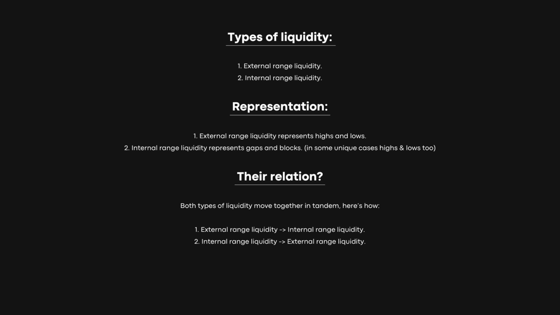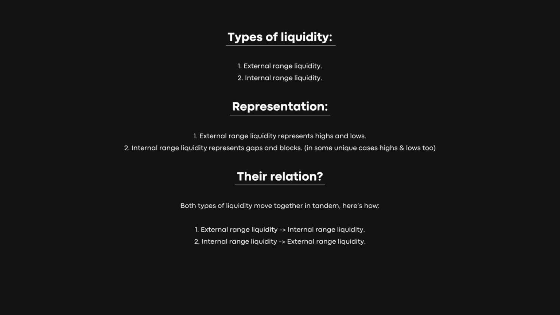So whenever price takes out external range liquidity, or ERL, let's say in the form of a high or a low, the next thing that it usually does is move into an internal range liquidity or an internal inefficiency. That could mean it comes down to test a block, fill a gap, or react to some internal inefficiency, right?